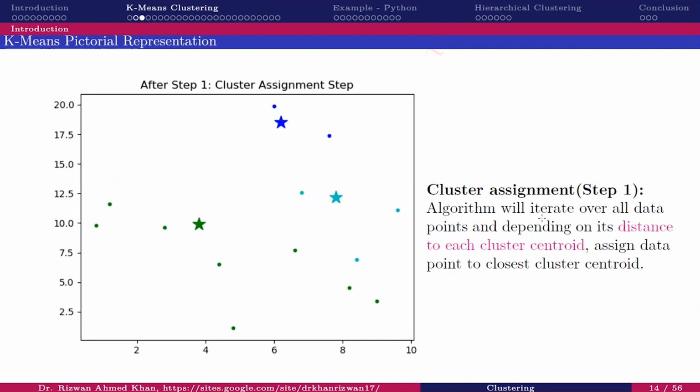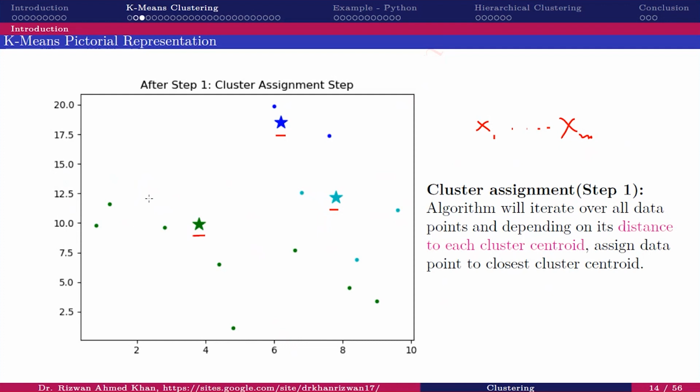In this step, the algorithm will iterate over all the data points. Let's say we have from x1 till xm, so we have m points. It will iterate over all m data points, and depending on the distance to each cluster centroid, which we have already randomly initialized, it will assign each and every data point to the closest cluster centroid.